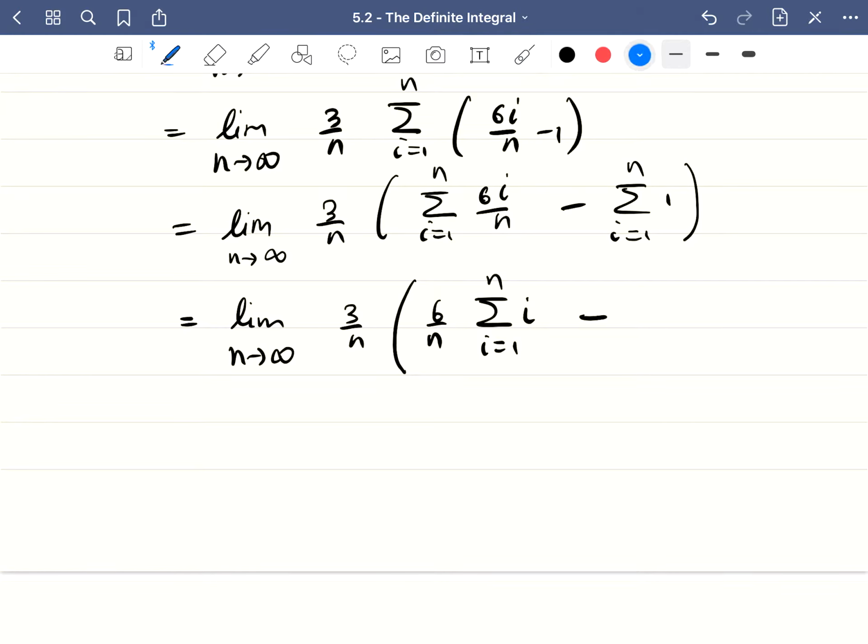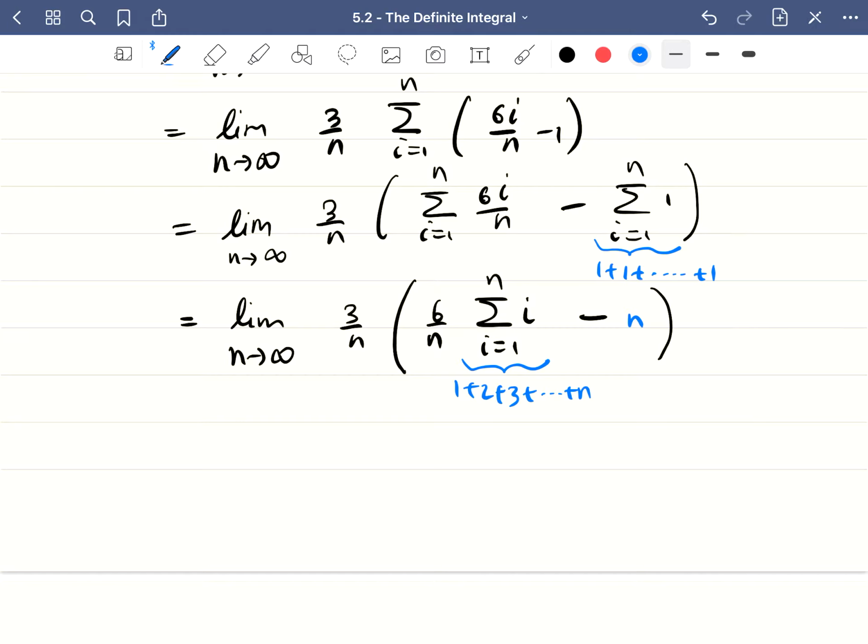minus, now this sum here is just 1 n times, so 1 plus 1 plus and so on plus 1, so this is just n. And this sum here is 1 plus 2 plus 3 up to n, so that's equal to n times n plus 1 over 2.